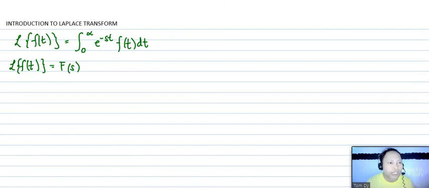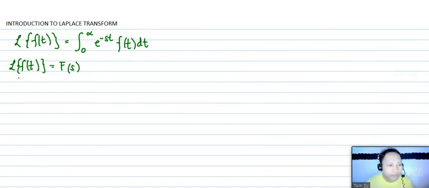By the way, when we write our Laplace transform, we make use of this capital letter L, and our function is enclosed by a bracket. So the Laplace transform of f of t is equivalent to F of s.